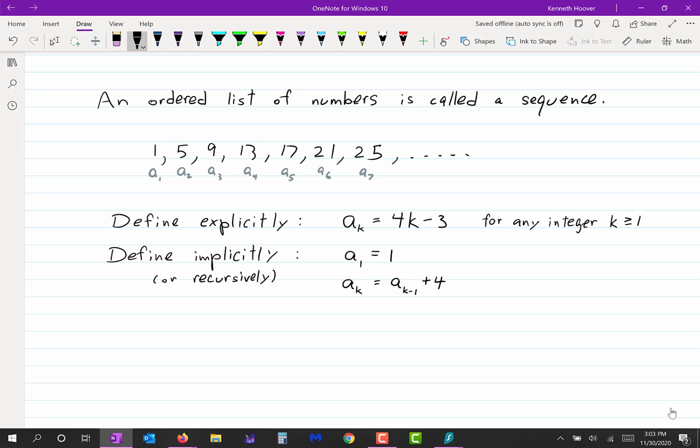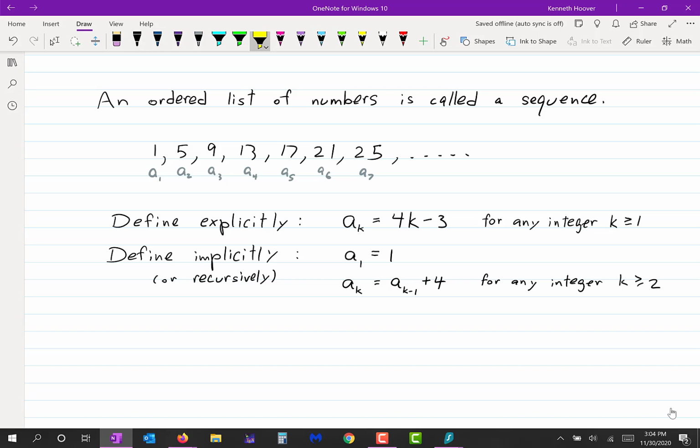Okay, and that's how I can find the second term, and then the third term, and then the fourth term. So I write for any integer k equal to or greater than 2. Okay, that's called an implicit or a recursive definition.